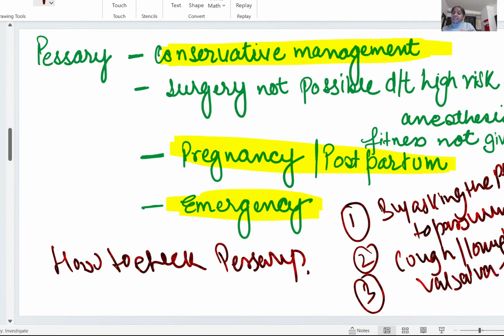If the pessary is too small for the vagina, it will fall off. If it is too large, it will cause pain, so we ask the patient about discomfort.